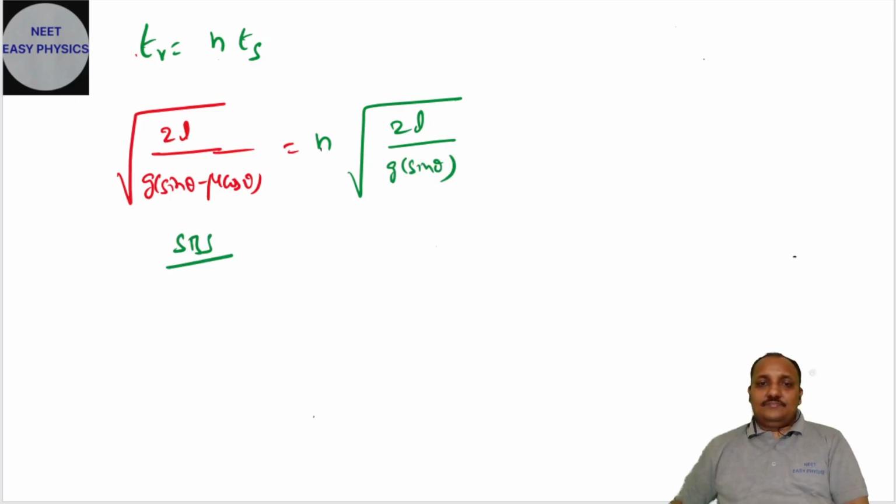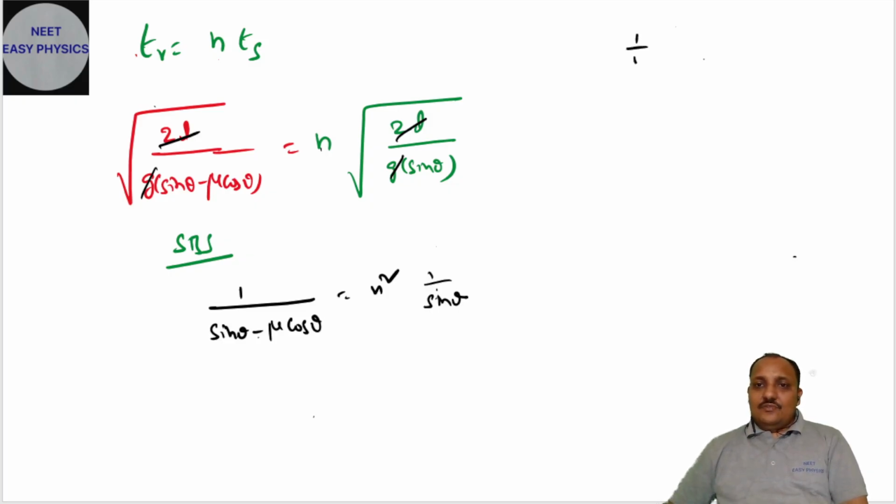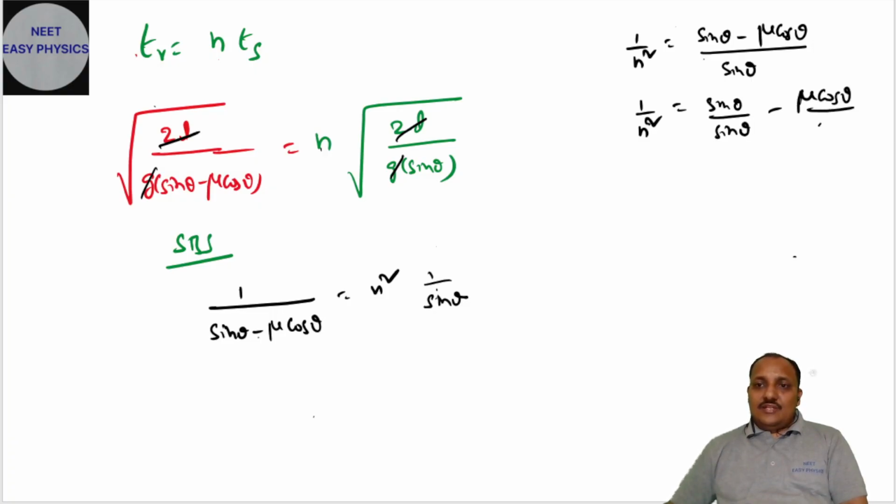Squaring on both sides, what will you get? 2L will be cancelled. g will be cancelled. If you square, the root will be cancelled. Then what will remain is 1 by sin theta minus mu cos theta equal to n square into 1 by sin theta. So you can rearrange these equations. 1 by n square equal to sin theta minus mu cos theta by sin theta. 1 by n square equal to sin theta by sin theta minus mu cos theta by sin theta. 1 by n square equal to 1 minus mu cot theta.